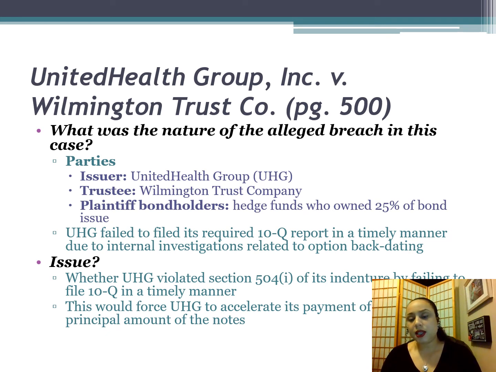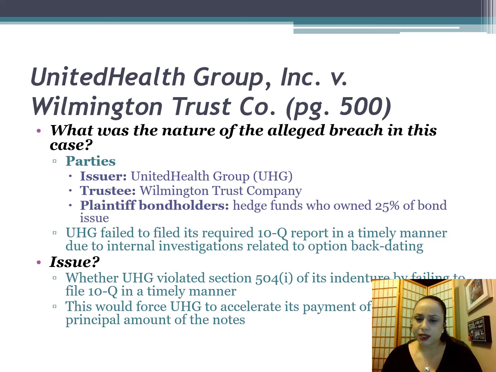And so this case is fascinating in that it deals with the ways in which the Trust Indenture Act intersects with the disclosure obligations under the federal securities laws. And so in this case, UHG, our issuer, failed to file its required 10-Q report in a timely manner due to internal investigations related to option backdating. You may have discussed this phenomenon in SecReg or BA.